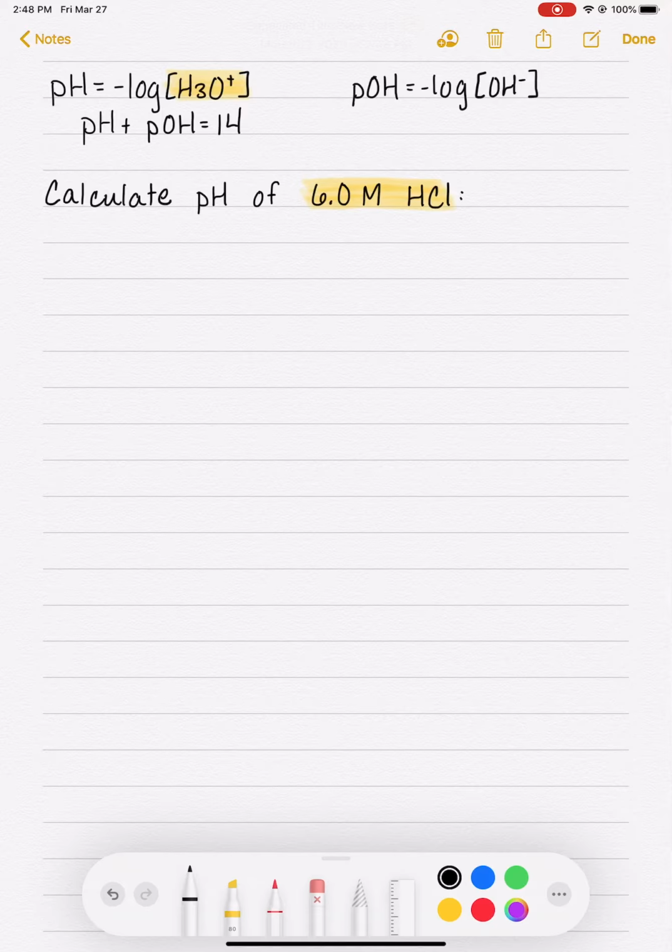The stoichiometry in this reaction is 1 to 1 to 1. So if we have minus 6 HCl, we have plus 6 H3O plus and plus 6 Cl minus. Again, that's because everything in this equation is 1 to 1.